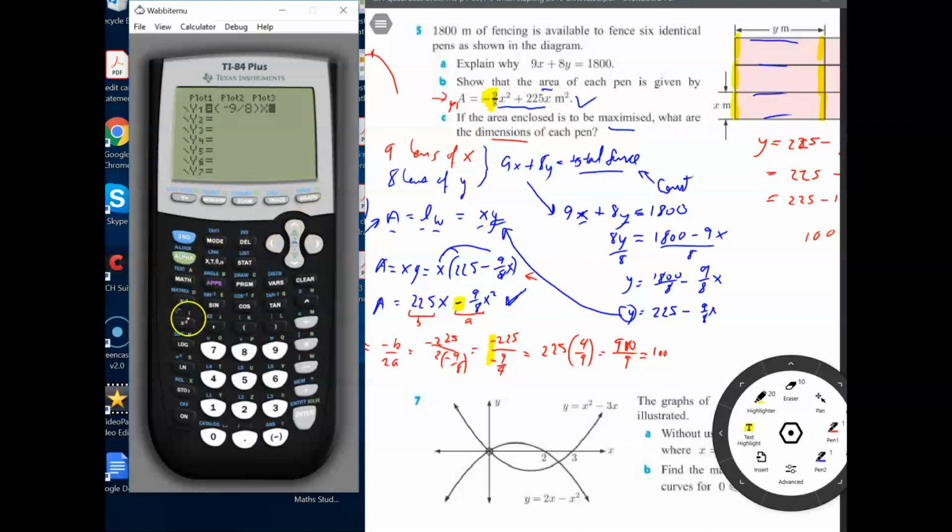I put my negative 9/8 in parentheses because I don't want things to be unexpectedly put in the denominator that I didn't intend to. You can use the vertical fraction too, the math number vertical fraction. That's also a good way of making sure that you don't put things in the denominator that you didn't want to. And then I'm going to graph it.